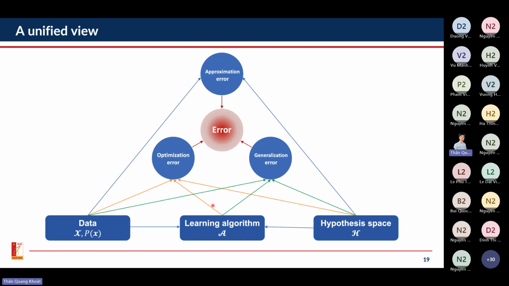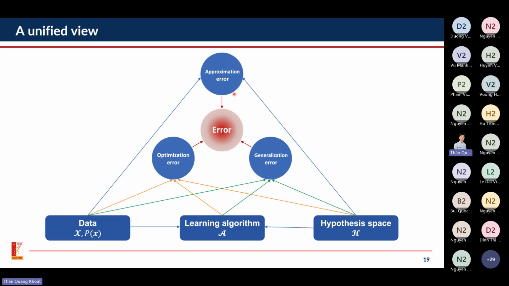Okay, so in summary, we can have this graph to show the error. The error of one prediction can be caused by different factors, right? For example, it can be the optimization error, generalization error, and approximation error.